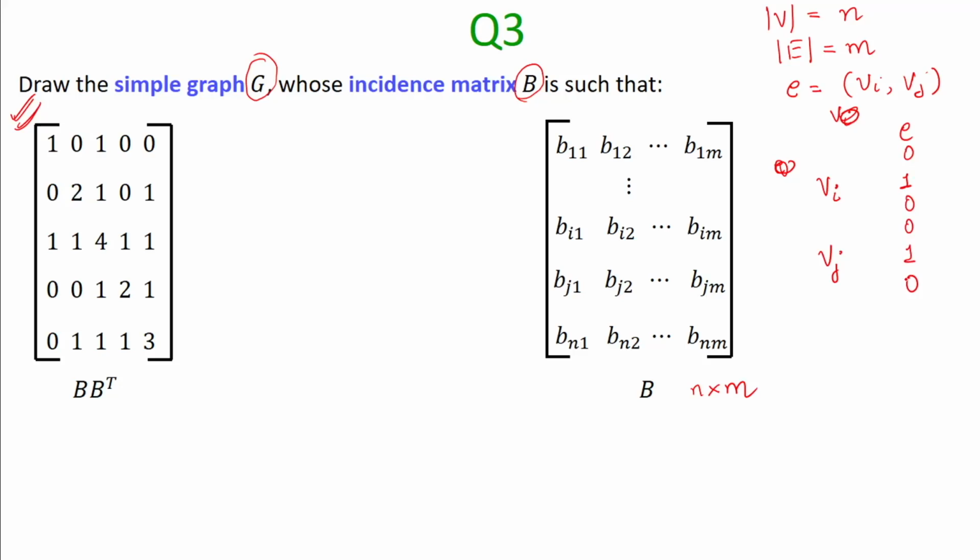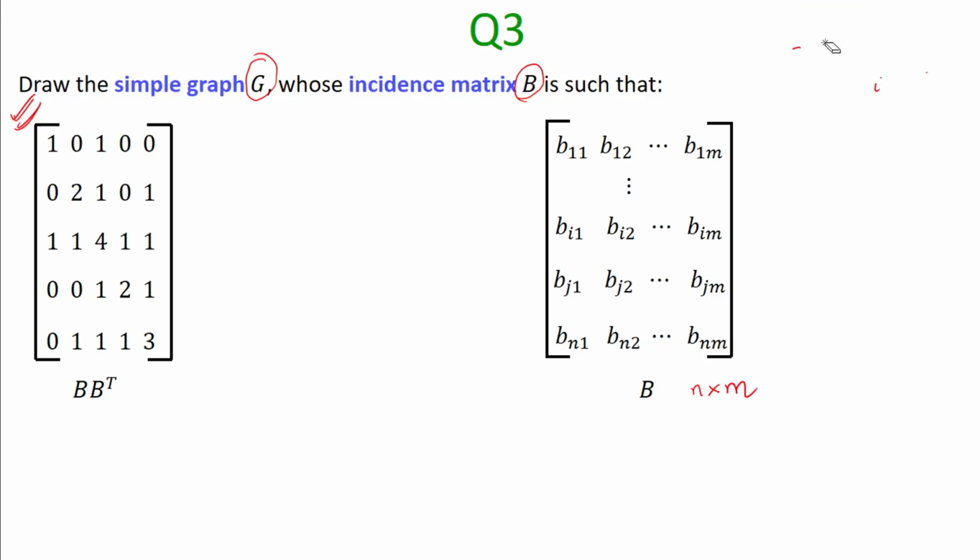That's a property of your incidence matrix. Now we don't know as of now which entries are 0 and which entries are 1.